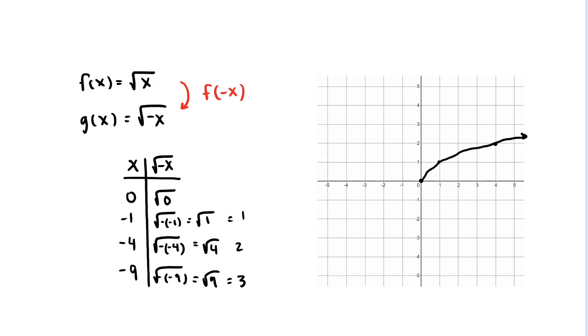And so the graph of our function, g of x, is really just going to have the same values as our f of x function, but they're going to be reflected over this y-axis, right? To get the same outputs that we got for our original function, I had to plug in the same x values, but just their negatives.